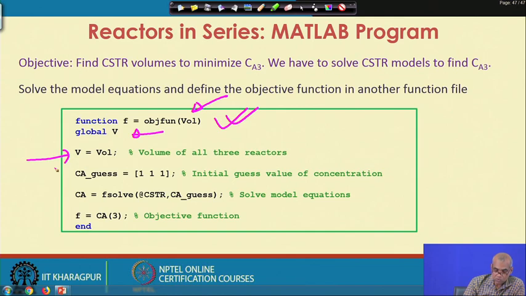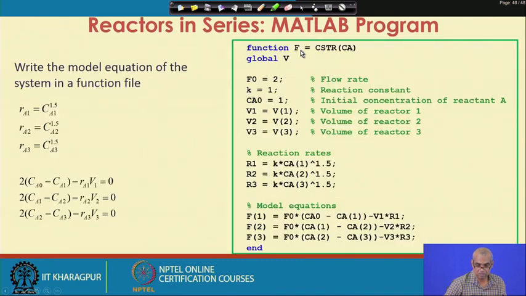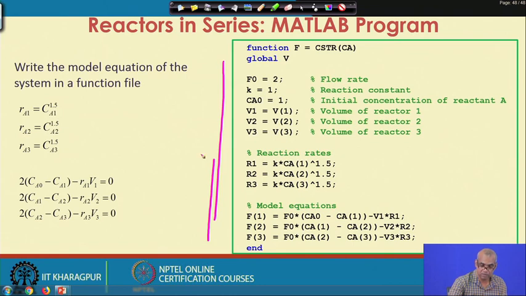And now, if you note the model equations, these model equations are nothing but equality constraints. These model equations are nothing but a set of nonlinear equations, so a system of nonlinear equations.